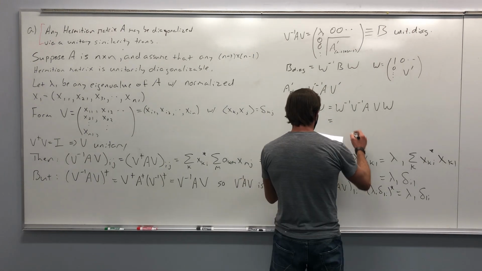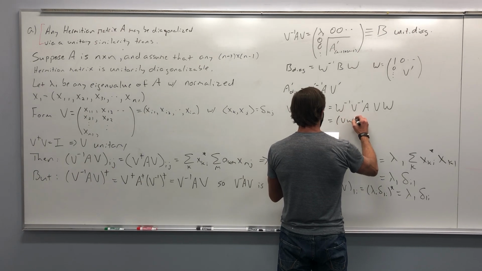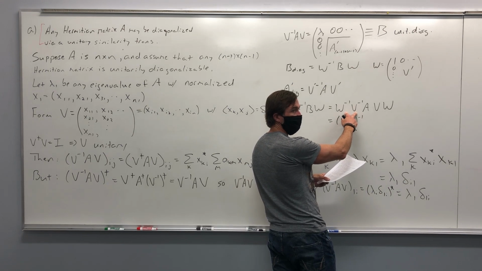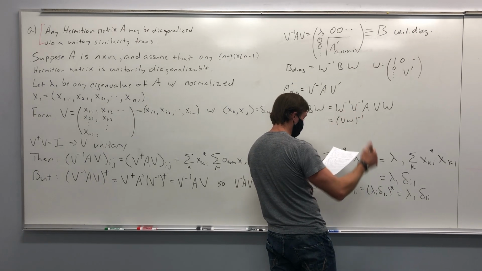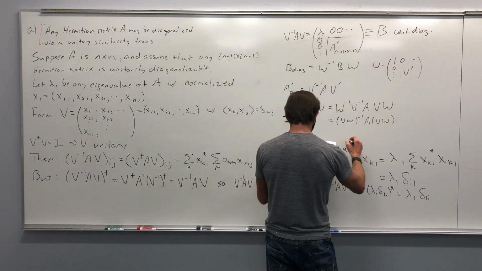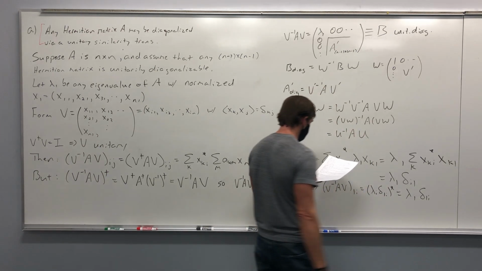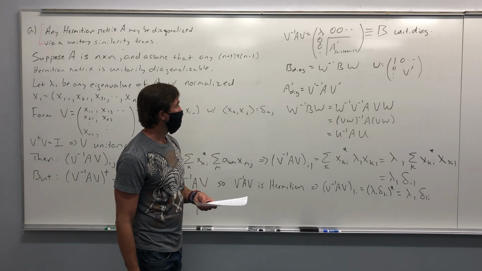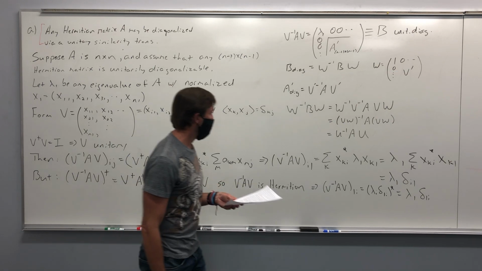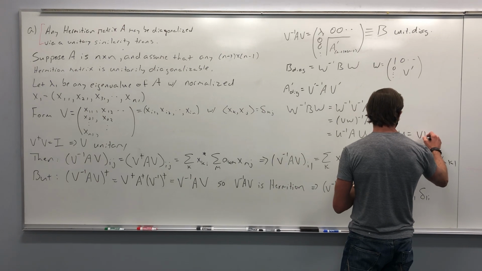If you have a product of matrices and you're taking the product of their inverses, then that's the reverse order product inverted. So this is U inverse AU, with U being defined as VW.